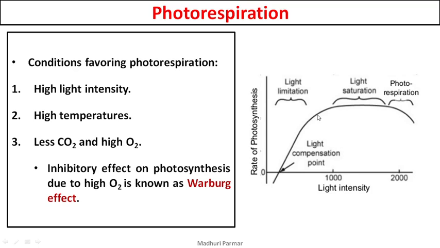After a point, increase in light intensity will have no effect. So even if you are increasing the light intensity, the rate of photosynthesis has become stable. So this is called light saturation. And later on, if you still keep on increasing the light intensity, what will happen is your chlorophyll denatures.